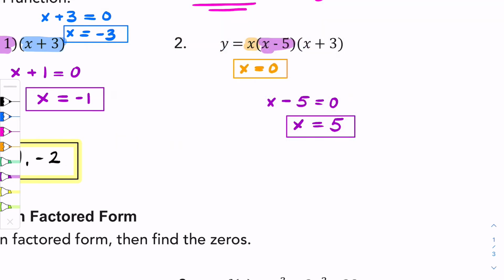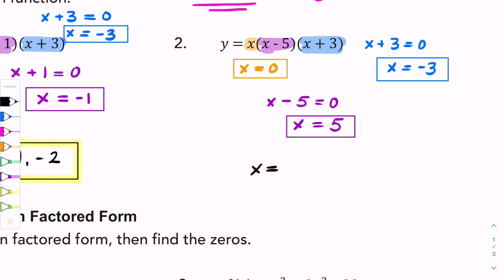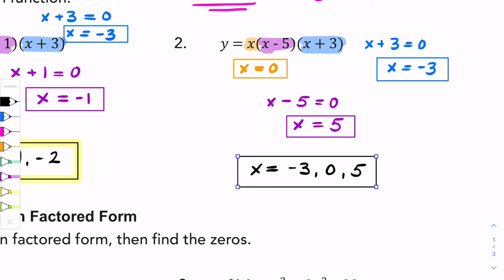And lastly, we will set x plus 3 equal to 0, which gives us a solution of x equals negative 3. If we list these numbers from smallest to largest, we will list them as x equals negative 3, 0, or 5. And for either of these problems, if you would like to check your answer, which is a good idea, you just substitute one of these numbers back into the original function and make sure that your solution is equal to 0. If you substitute it back in and your answer is 0, then you know your answer is correct.